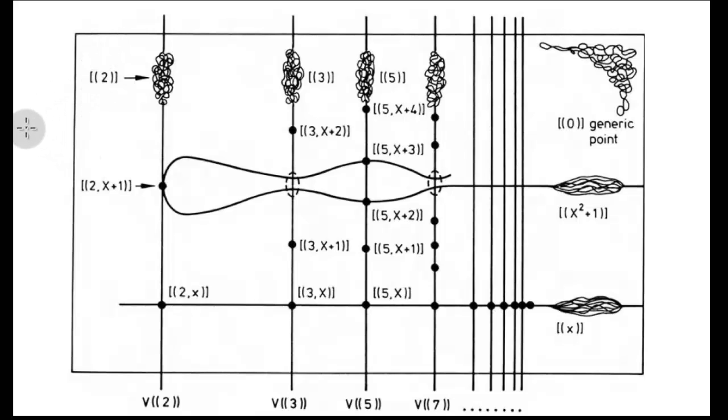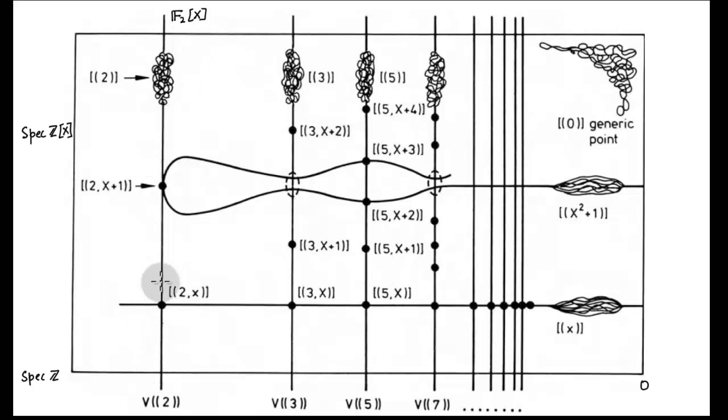So this top part is Spec Z[x], and here we can think of it as Spec Z. Say 0 is here, and this is prime ideal 2, prime ideal 3, 5, 7, and so on. Now 0 is the generic point because if you take the closure of 0, you get the entire space both here and here. So this line here you can consider as our F_2[x].